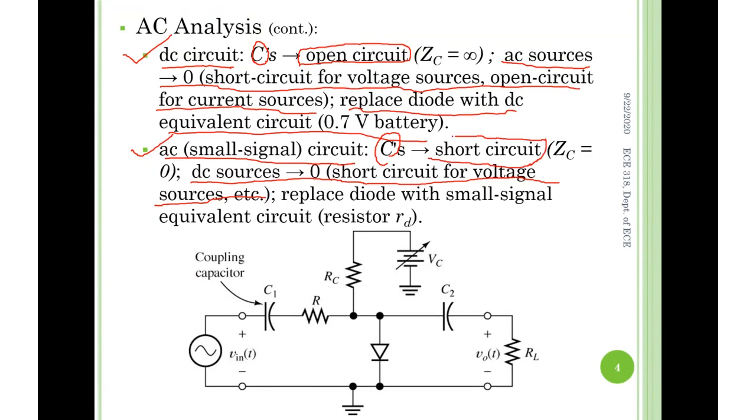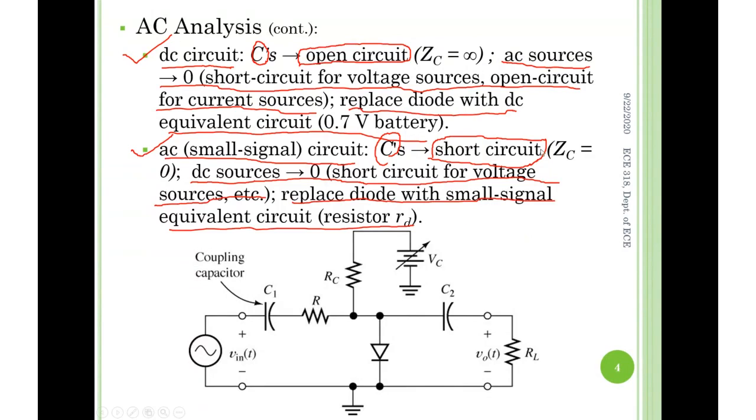Short circuit. Remember this: capacitor is considered as short circuit. And also, of course, the diode is replaced by the small signal model, which is a small resistor.